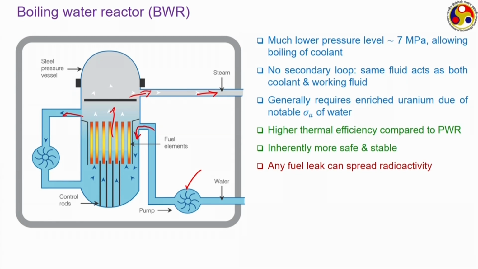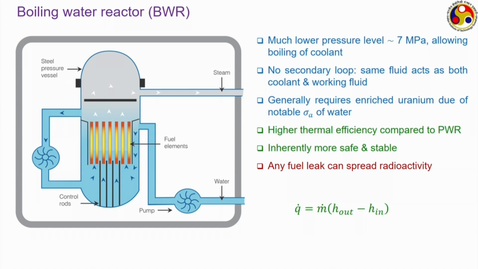Thereby, there is a big probability of radioactive leakage to the external circuitry. That is one big drawback that the boiling water reactor may have. That problem is not there in the pressurized water reactor, because the water used as moderator and coolant remains inside the pressure vessel only; it never goes outside.